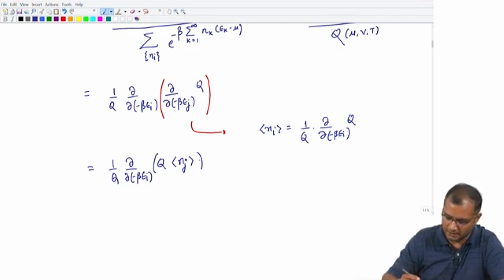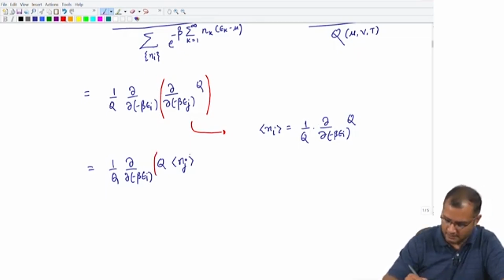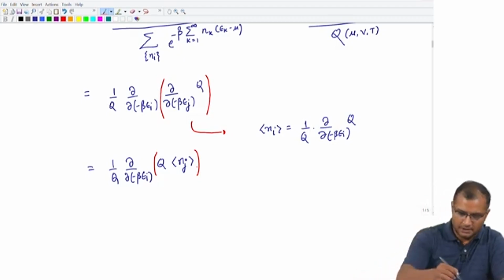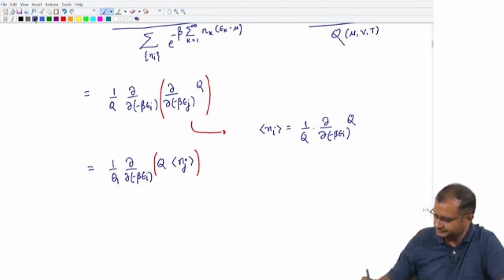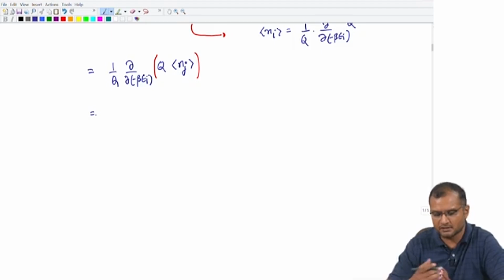So, let me remove this, so that we know that the red bracket is replaced by a new red bracket. Okay. So, now this basically simplifies very easily. You can just write down by using the chain rule.